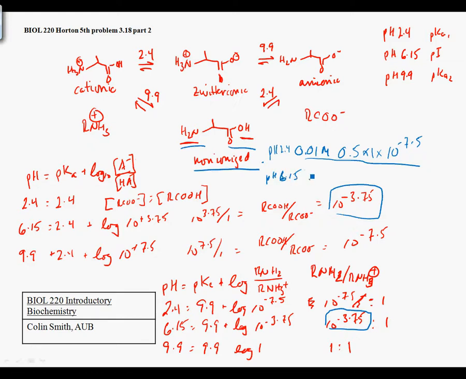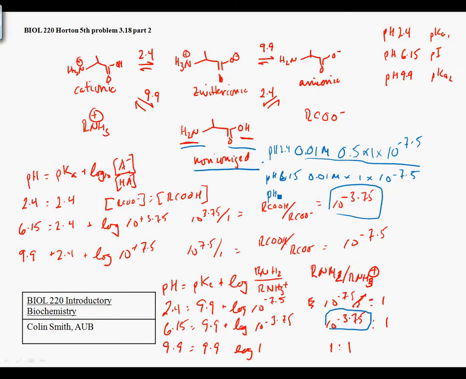So that means at pH 6.15, the pI, there's going to be the 0.1 molar times 1 times 10 to the negative 3.75 plus 10 to the negative 3.75. So, that's 10 to the negative 3.75 times 10 to the negative 3.75, which is 10 to the negative 7.5.